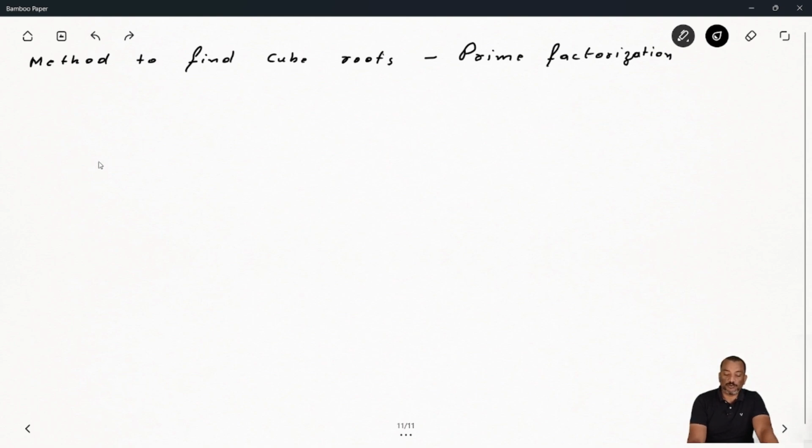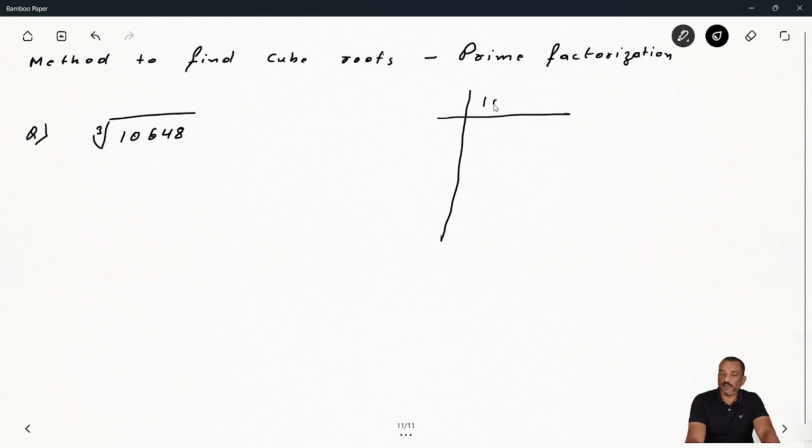Okay, suppose we have taken a number. Here it is saying, find the cube root of 10,648. First thing, you take the prime factorization of 10,648.